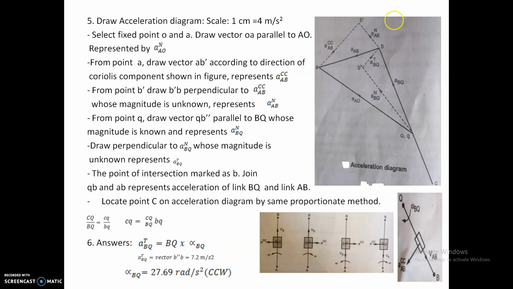Put that value in the equation and you will get the final value of alpha, the angular acceleration of link BQ, which is 27.69 radians per second square, anticlockwise. In this way you solve this Coriolis component problem or such mechanisms. Thank you.